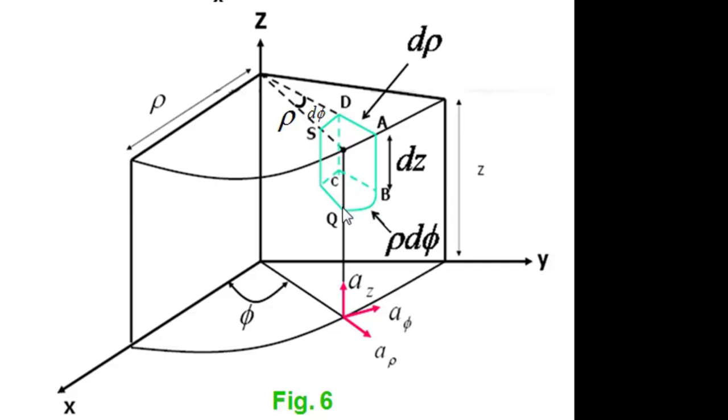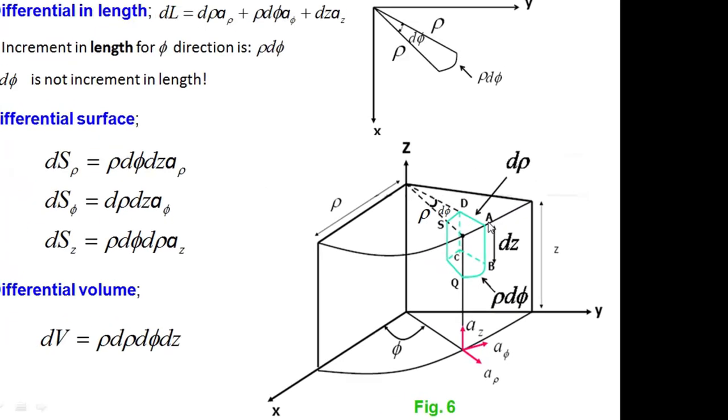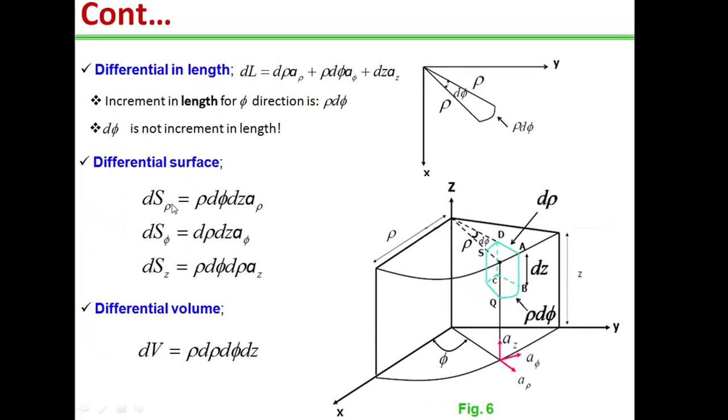So what will be the differential surface along the arrow? That is nothing but rho d phi multiplied by dz. So ds rho can be written as rho d phi dz a rho. Here rho d phi is basically the arc along the phi direction and dz is the differential height of the cylinder.